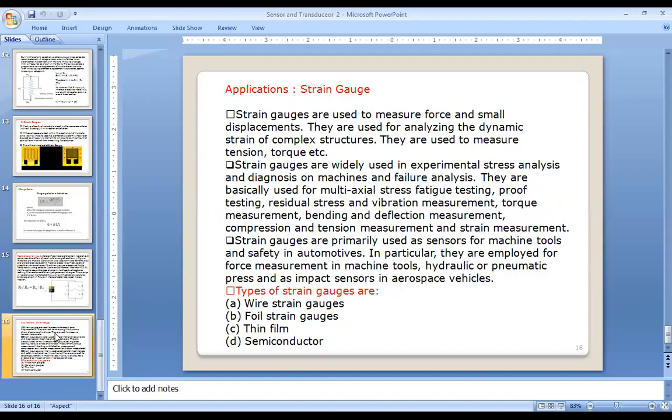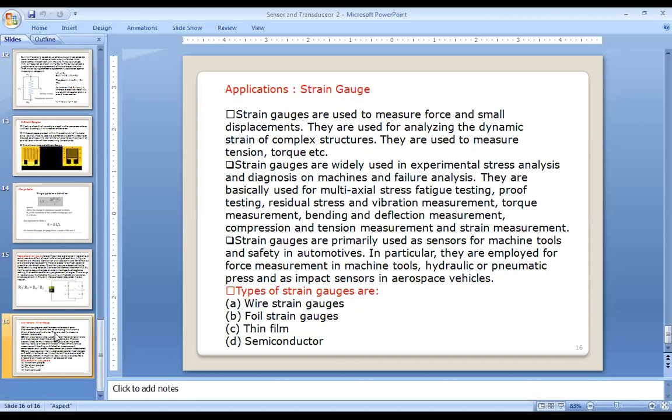So strain gauge is used for the measurement of force, small displacement, and they are used for analyzing dynamic strain or complex structures, used for the measurement of tension, torque, etc. That means mainly a strain gauge is used for the measurement of mechanical parameters like force, tension, and torque. Okay.